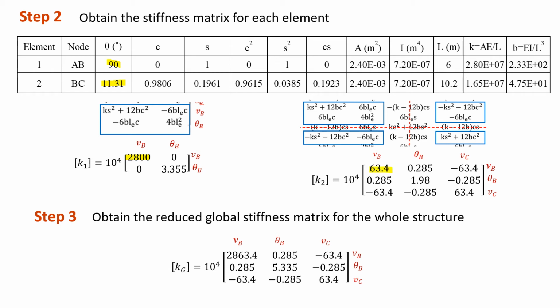So we just need to add it to the first term here. That's why we obtain 2863.4. And we do the same for the rest of the columns and rows in this reduced global stiffness matrix.